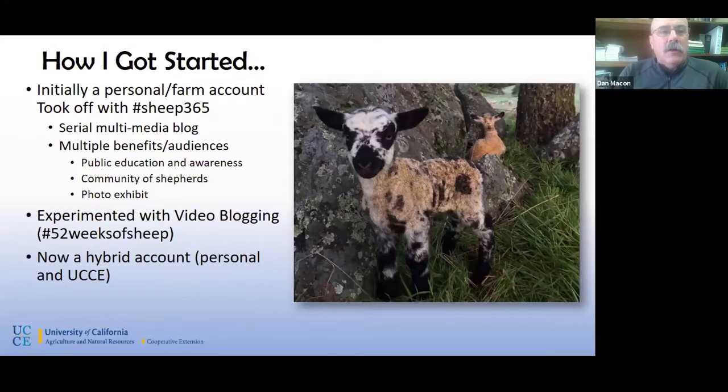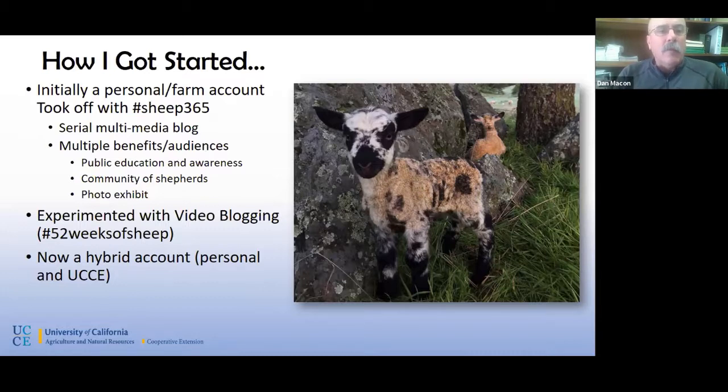So I got started, initially we did a lot of direct marketing with our sheep business, sold lamb and wool directly. And so I started Instagram as a way to market what we did with our ranch, and more as a personal account.